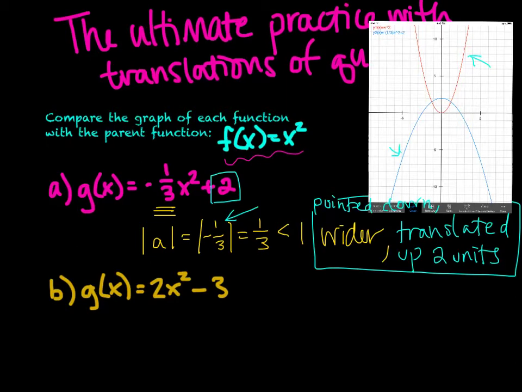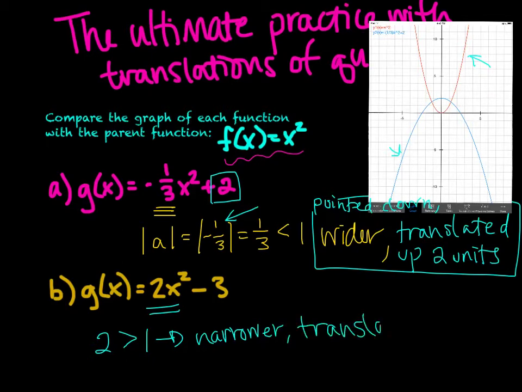Now let's look at this g of x, and this one's a little simpler because there's no negative, which is nice. We see a 2, and that 2 is greater than 1, so it is narrower, and it is translated down 3 units. We can see that right here in this minus 3.